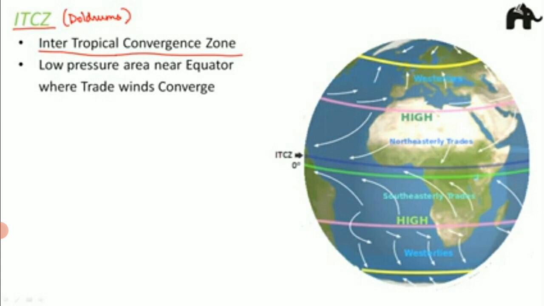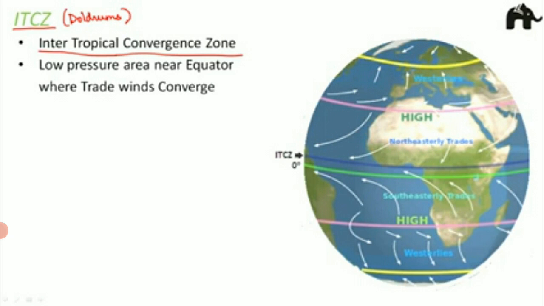And this area, 20 degrees north to 20 degrees south, experiences what? Monsoons. Because near the equator it is a low pressure area, with winds, cloud formation and a lot of rain.